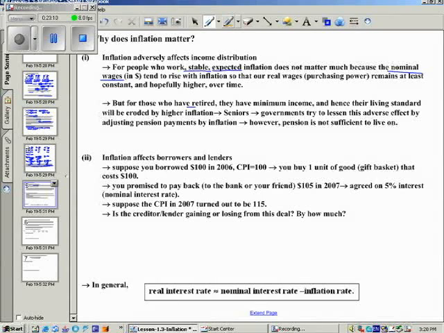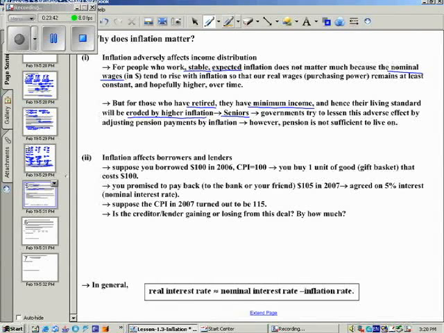But for those who have already retired, worked all their lives, and have minimum income, the adjustment is not very likely. Their living standard could easily be eroded by higher inflation rates. For senior citizens who live on fixed income, because they don't have new wages coming in adjusted for inflation, their living standards could be adversely affected by higher inflation.